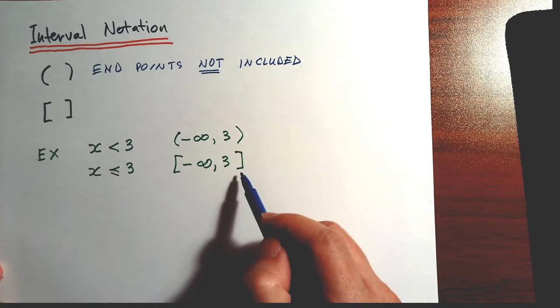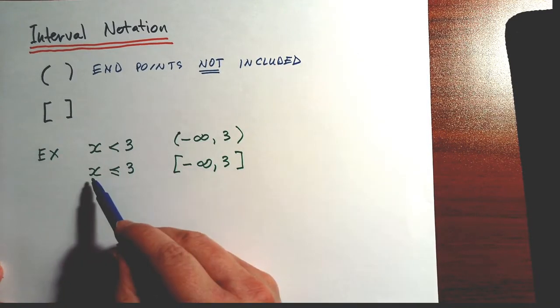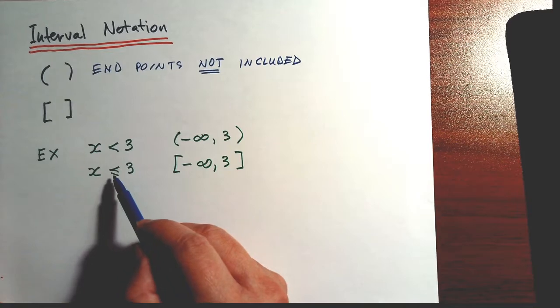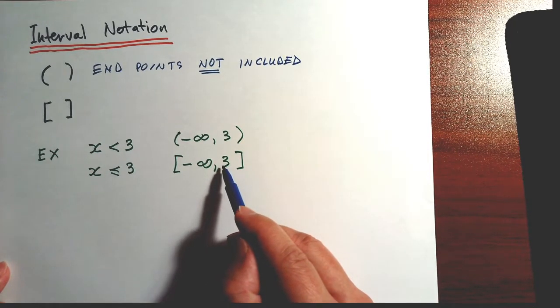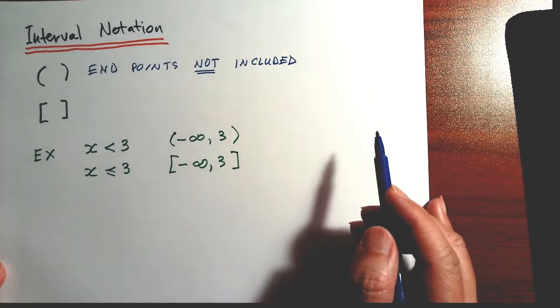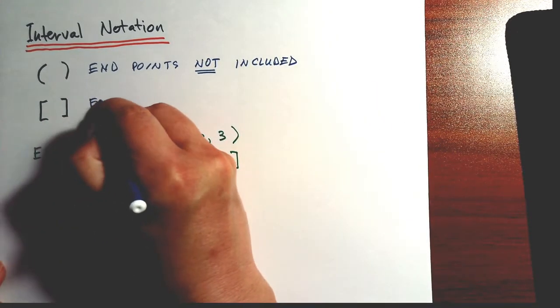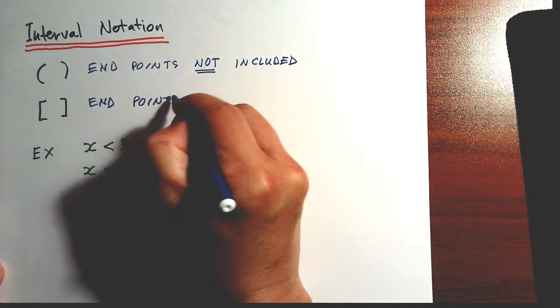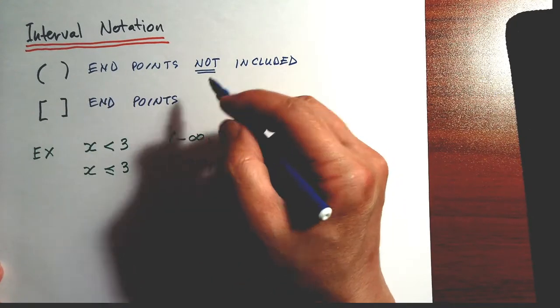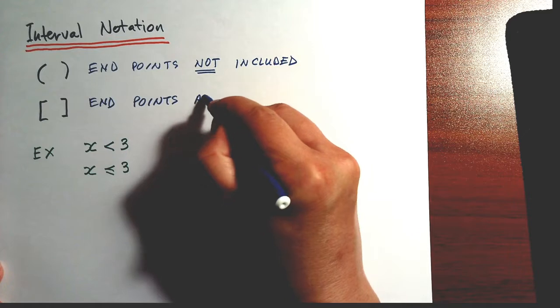And square brackets means x, in this example, x less than or equal to 3 means x is included in the 3. So it means endpoints are included.